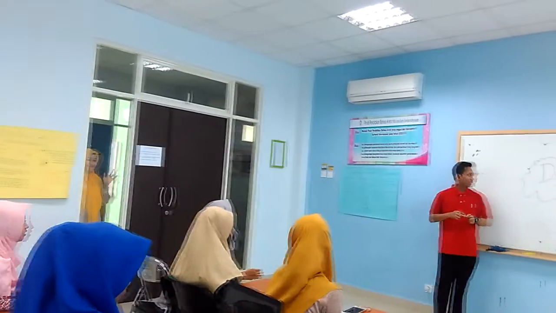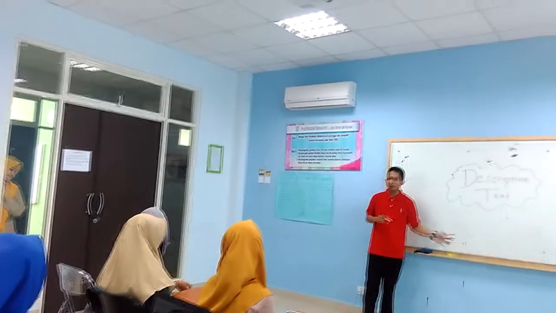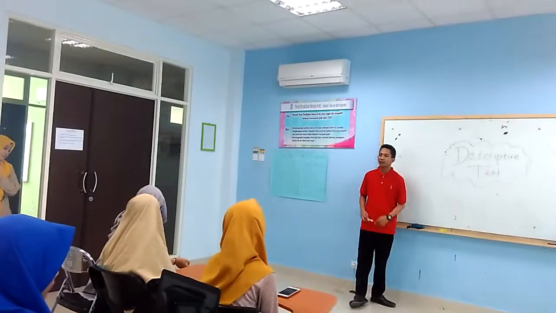And second, after the teacher explains the adjective, the teacher will explain to the students about simple present tense that uses adjectives in descriptive text, and the teacher gives examples. Next I will explain to you about descriptive text.